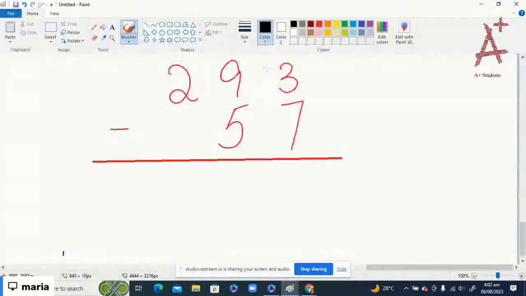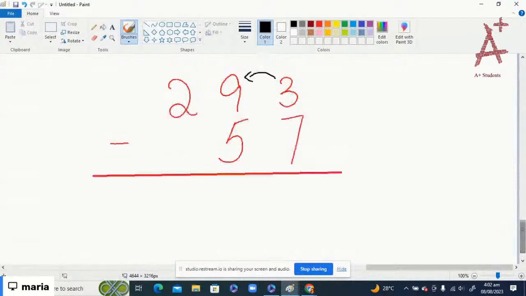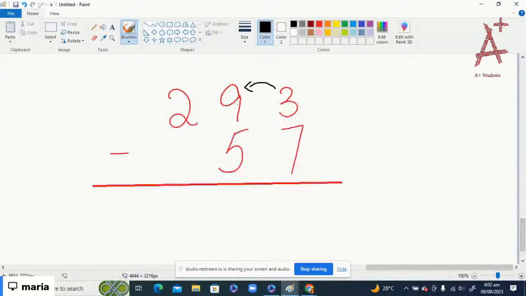We just take a borrow, from the neighbor number. Here I'm going to take 1 from the 9, so 9 minus 1 becomes 8. And this 3, because we borrow, becomes 13. Now subtract 13 minus 7.